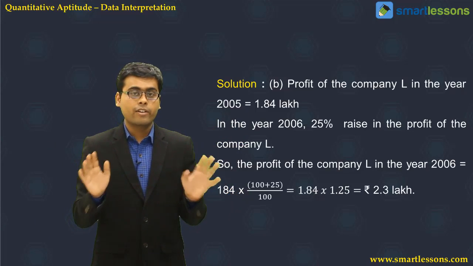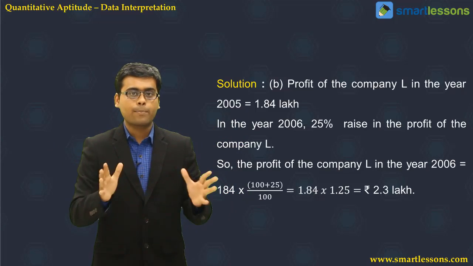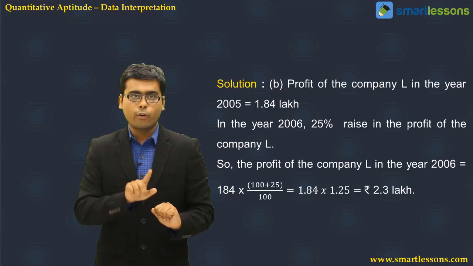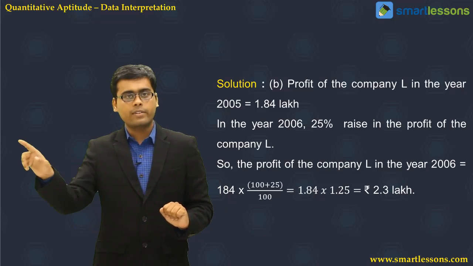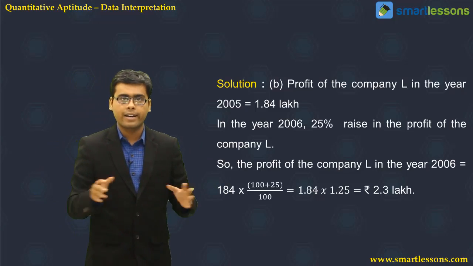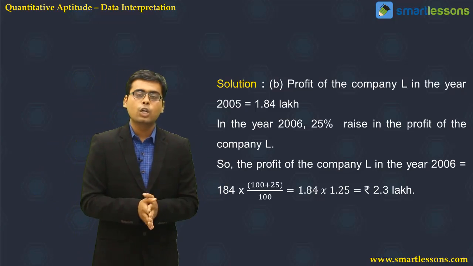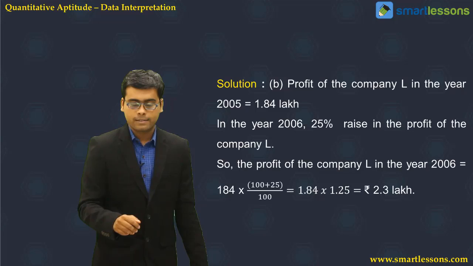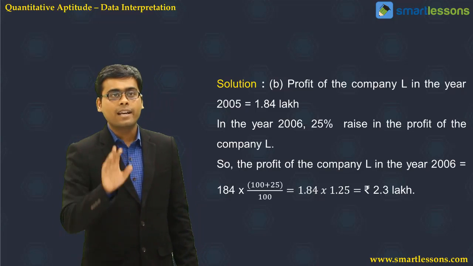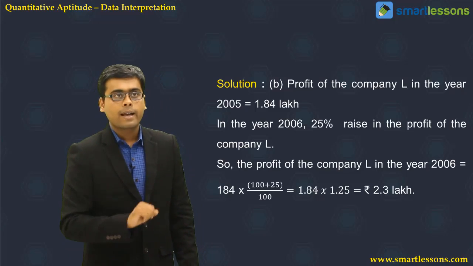So the net profit must be 1.84 into 100 plus 25, that is 125 by 100. And if you calculate that, you will get 2.3 lakh. So that means option B is the correct option.